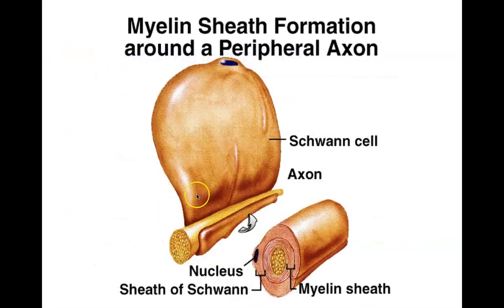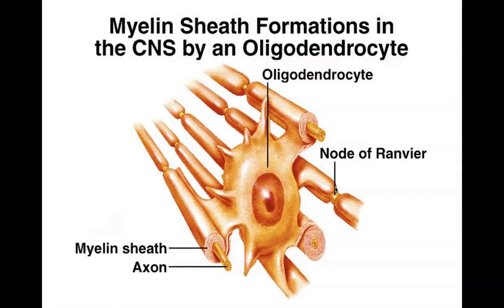Okay, remember those myelin sheaths I mentioned before? Myelin sheaths are cells filled with a fatty tissue that are wrapping around your neurons. And so they create layers and layers and layers of these sheaths. And in the central nervous system, it's called the oligodendrocytes. Okay, but same idea, they're wrapping around axons.